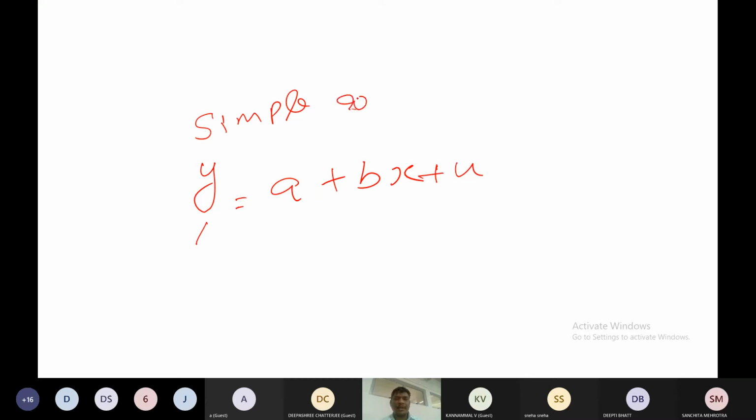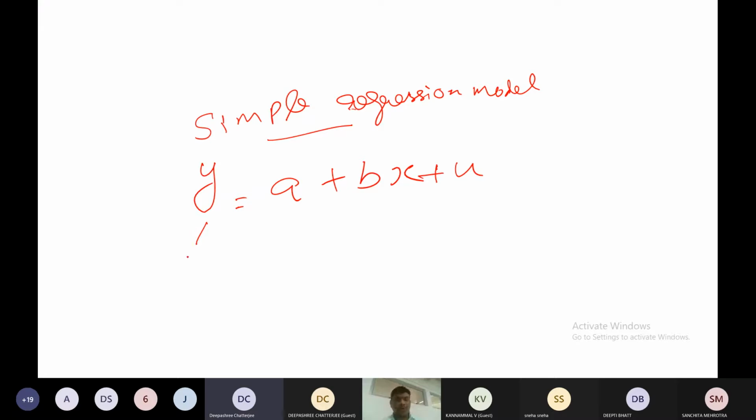This is a simple regression model. Why is this a simple regression model? Because there is only one independent and one dependent variable. Y equal to a plus bx plus u.